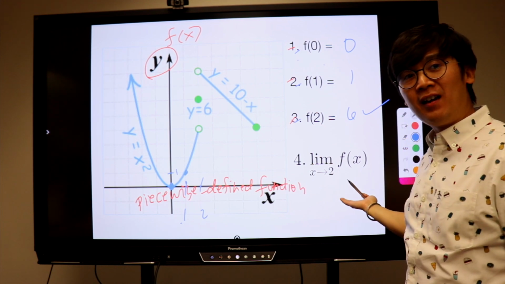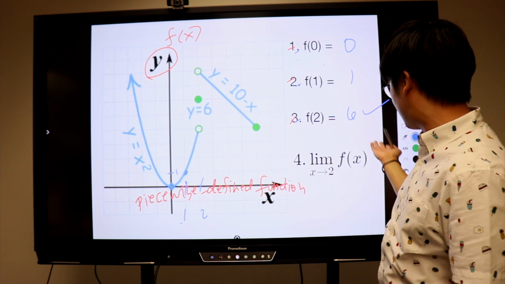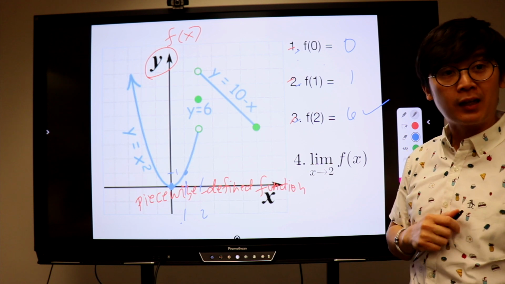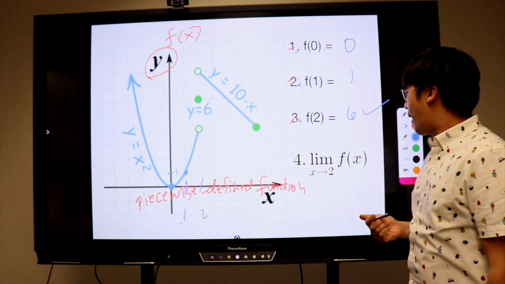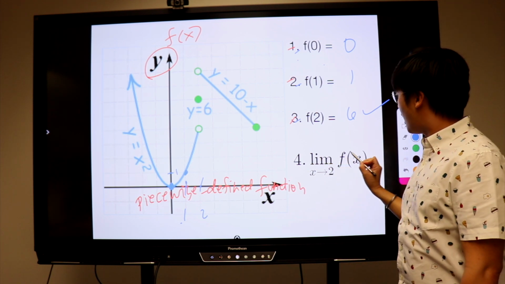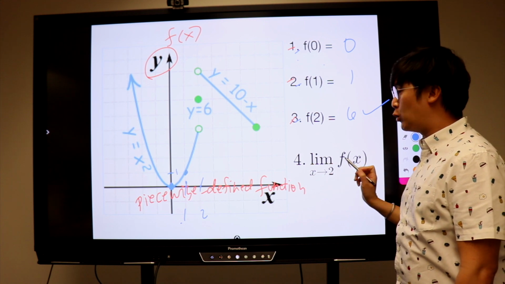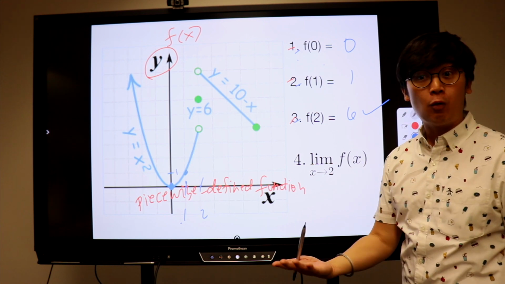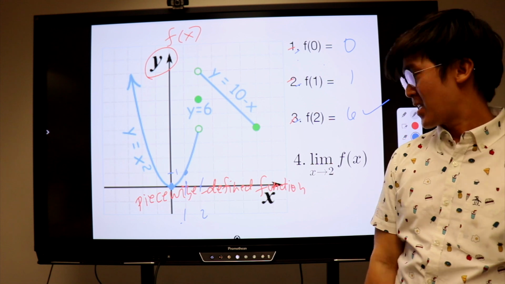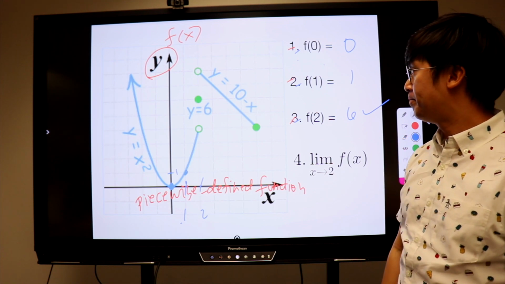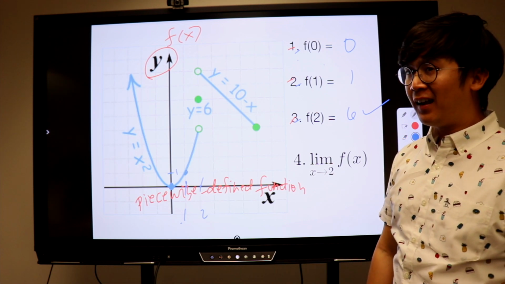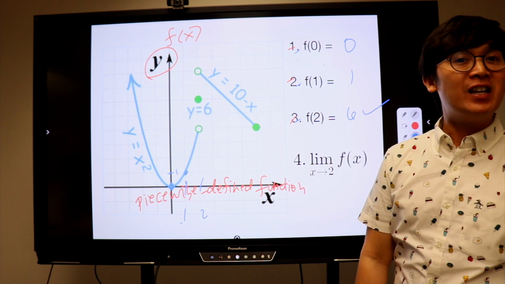Let's go with this little foreign-language-looking math problem right here, and let's see if we can solve it. If we're asked to find the limit of f of x as x approaches 2, how are you going to solve this problem, knowing, hopefully, the definition of a limit?